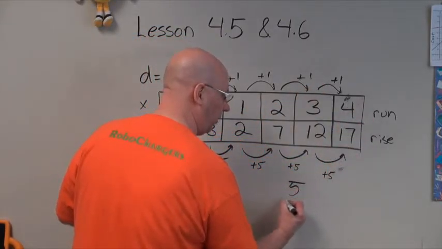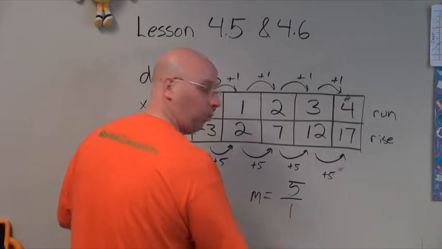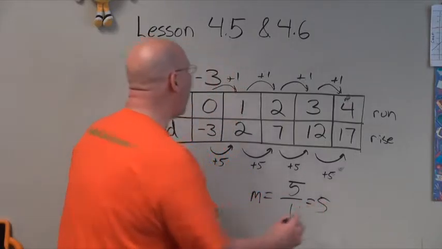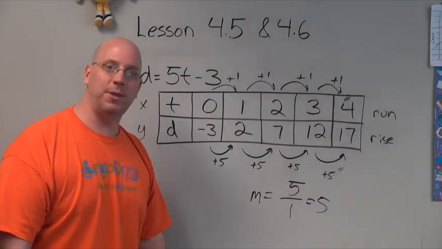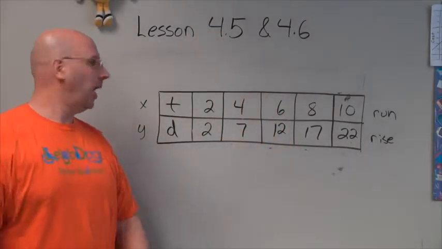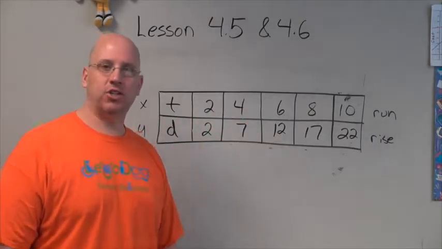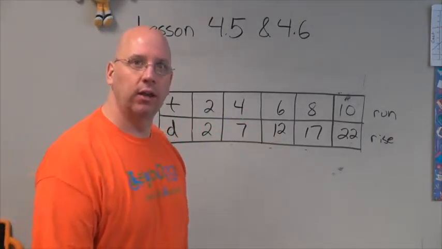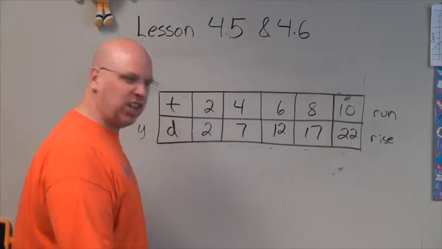So our slope is 5 over 1, which is 5, which we know is true from the equation. What? In this problem, I'm giving you a table, and I'm asking you to write the equation for it. Wow. All right, well, we can do that.